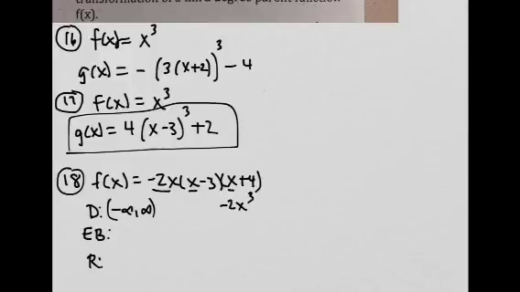So this tells me that the degree is odd, the a is negative, so it's going to be an up-down. So I'll put up, down for the end behavior. The range, because the arrows point in opposite directions, the range is also all reals.